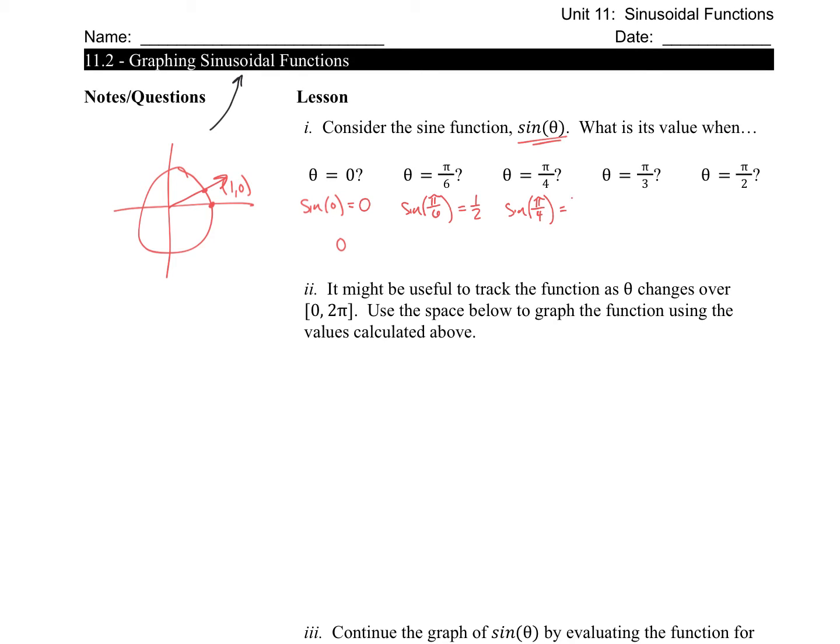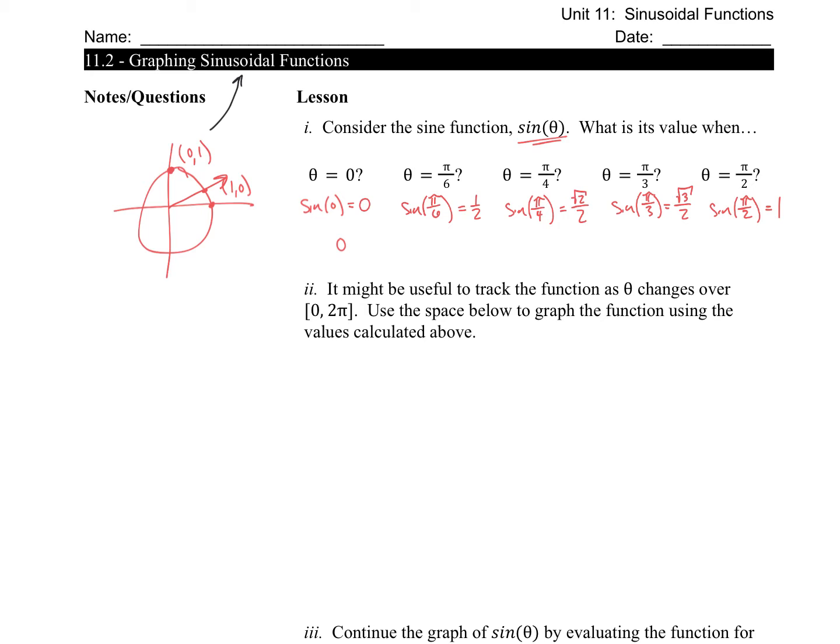So that is our y-coordinate of radical 2 over 2. Then we've got sine of pi over 3, which would have a y-coordinate of radical 3 over 2. And then finally, sine of pi over 2. And that's this point right here. That's the point (0, 1), so sine of pi over 2 would be 1.